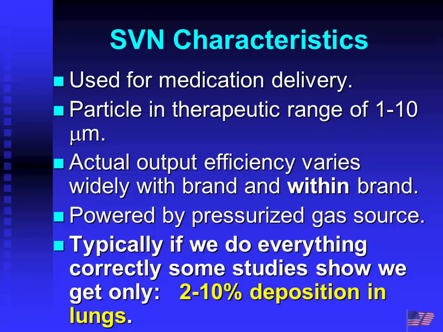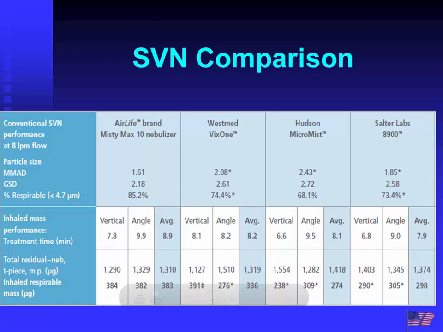We always have to have a pressurized gas source, whether that is oxygen or compressed air. And the good news is even when we do everything correctly, we still have lousy deposition. But it's better than having systemic administration with a pill or a subcutaneous injection.